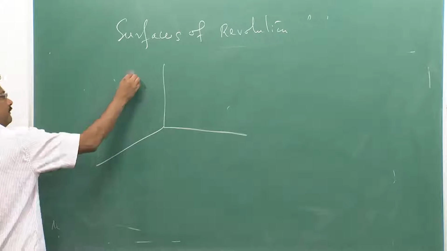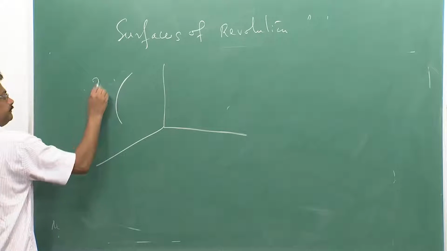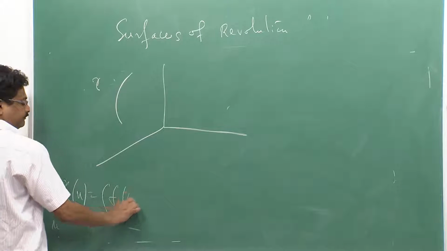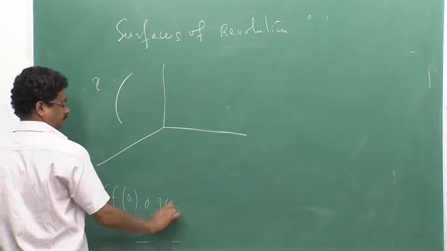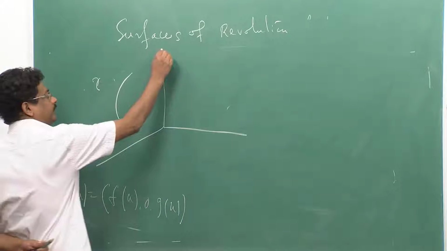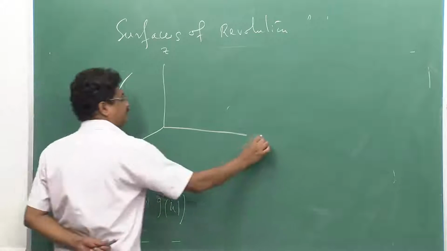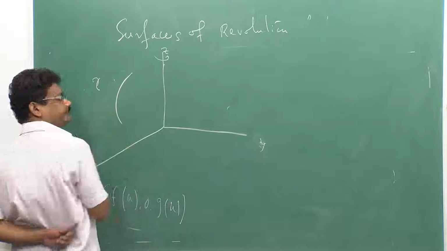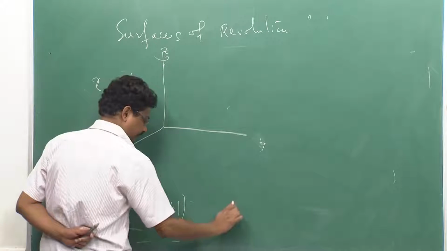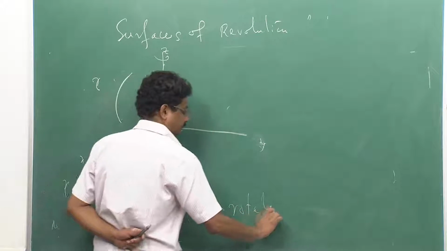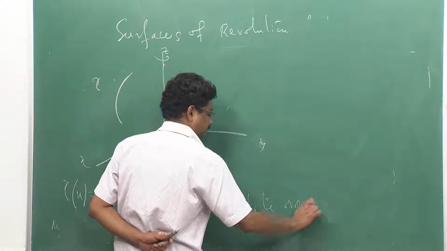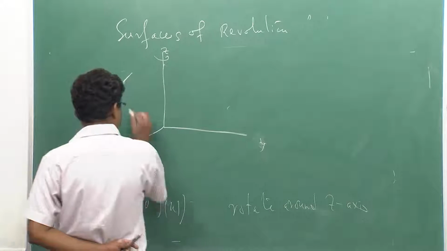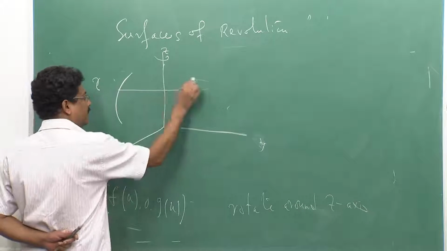Let us say I have a curve gamma on the xz plane, and I rotate it around the z axis. What will happen? A typical point here will rotate like this and come here.